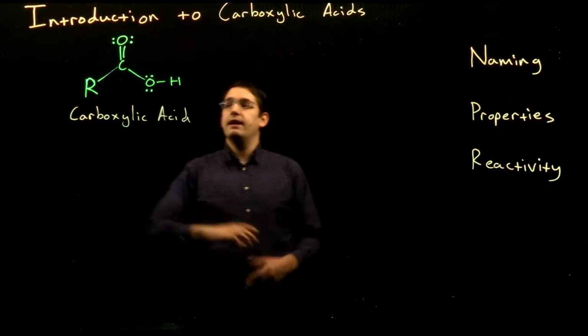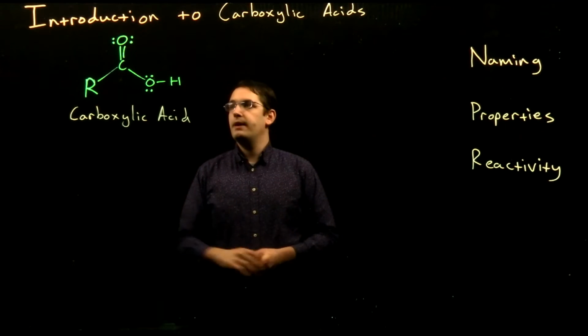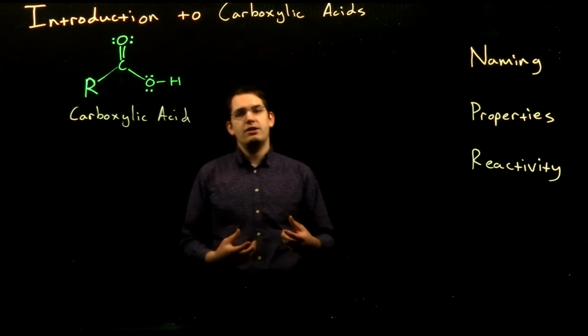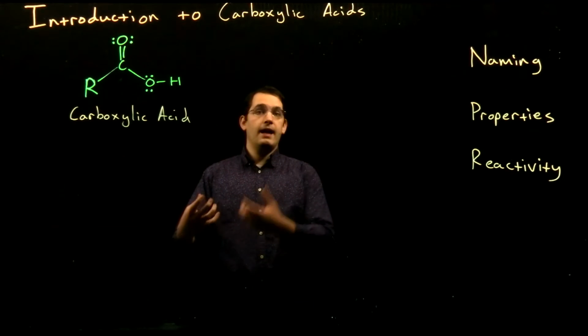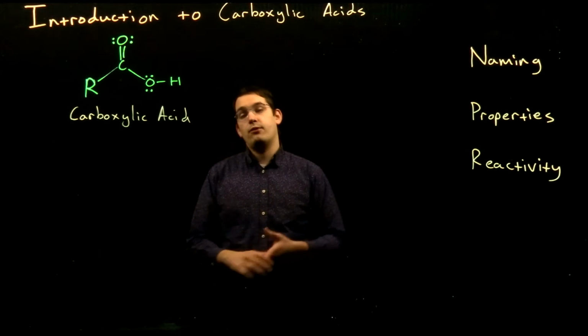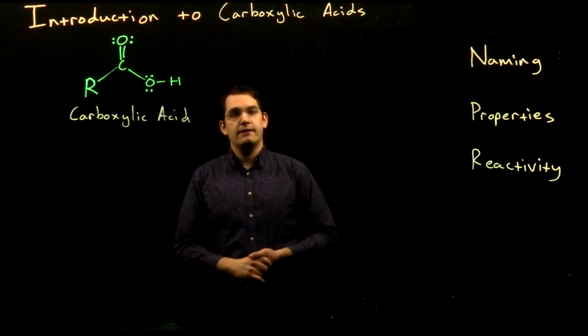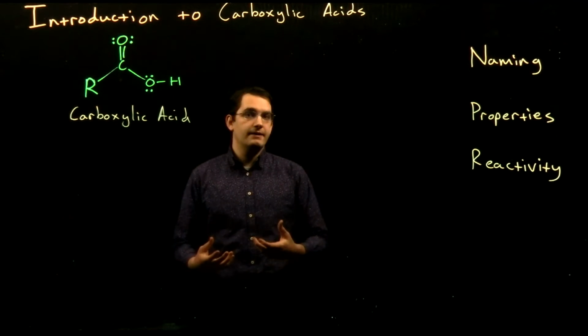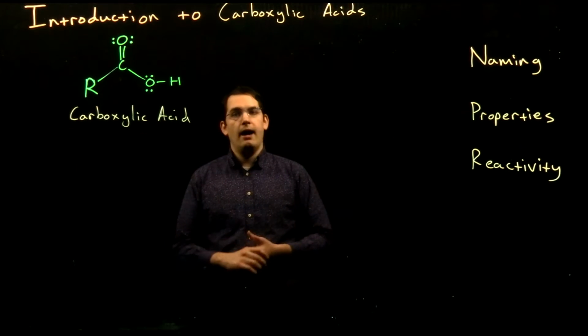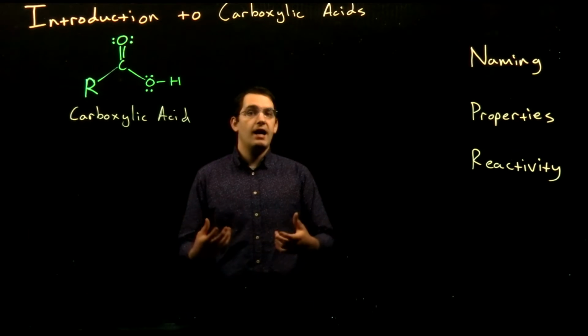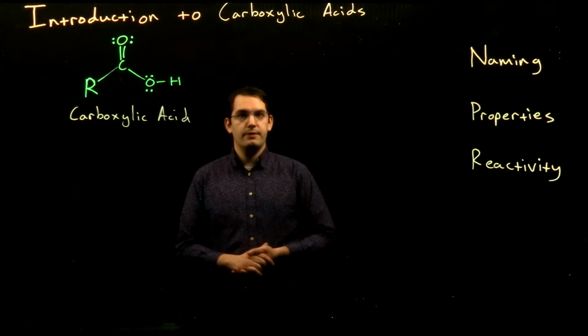However, what it adds is a hydroxy group in addition to that carbonyl. So it's almost like a combination of an aldehyde and an alcohol. And of course, as we've seen before, one of the ways that we can make our carboxylic acids is by oxidizing either our aldehydes or our alcohols. So it's one of our most oxidized organic functional groups.